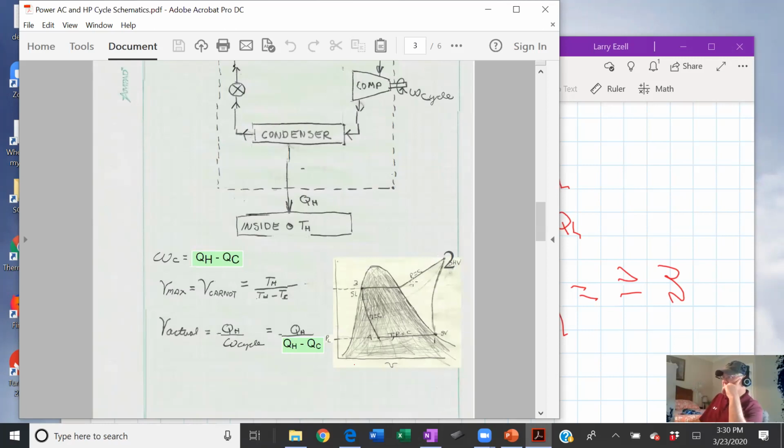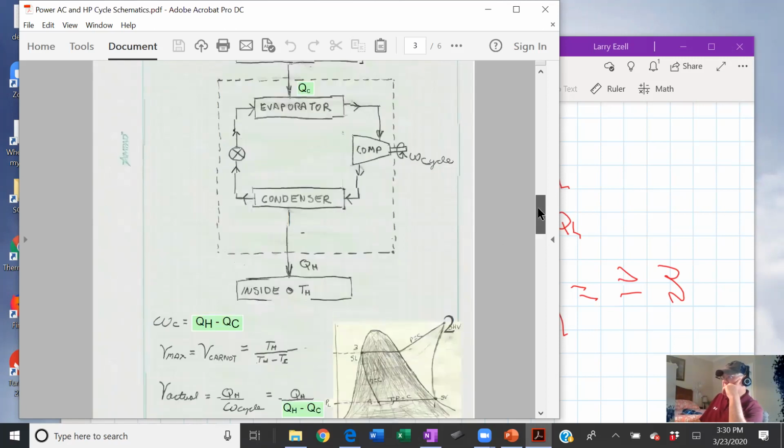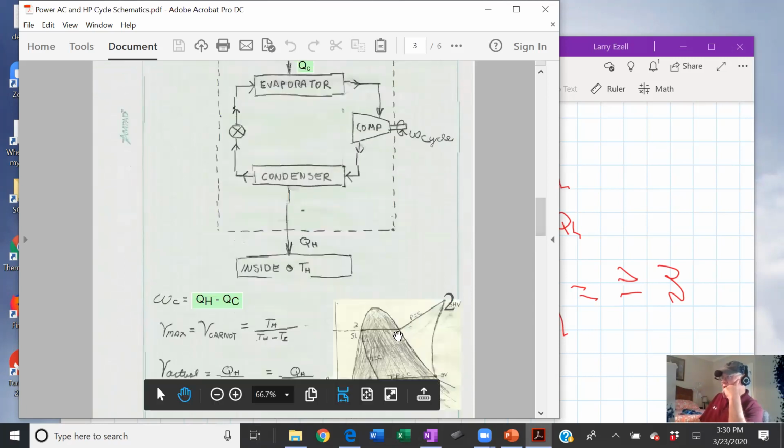Then it goes through the condenser, and now these are constant pressure processes here, constant pressure process here. So it goes through the, all right, where did we take that? Okay. The condenser is right here. That's this process here now, and it's heating your outside.